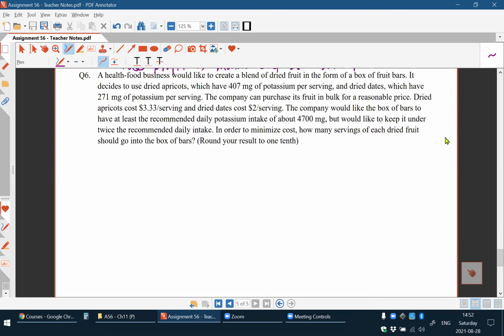The company can purchase its fruit in bulk for a reasonable price. Dried apricots cost $3.33 per serving, and dried dates cost $2 per serving.